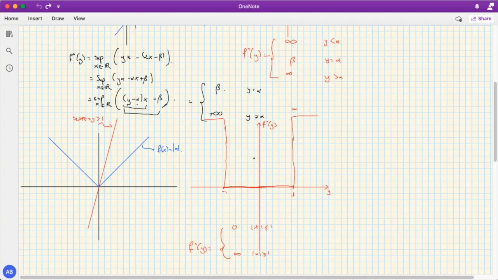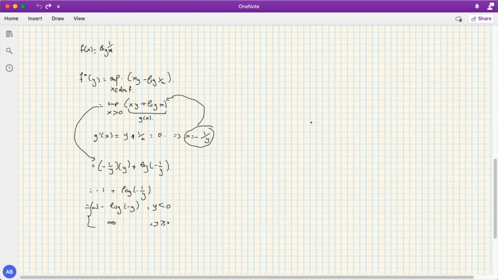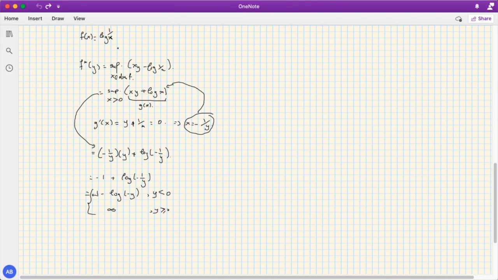It is 0 between minus alpha and alpha, or minus 1 and 1 in this case, and infinity elsewhere. We saw other examples, for example, when f of x is log 1 over x, then the conjugate function would be minus 1 minus log of minus y when y is negative, and infinity elsewhere.